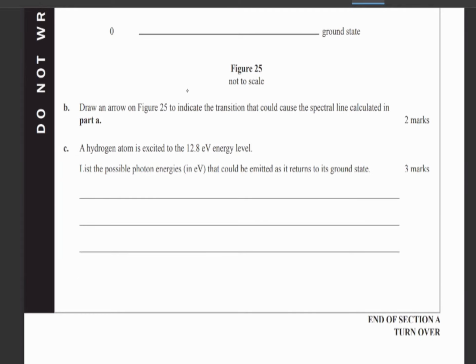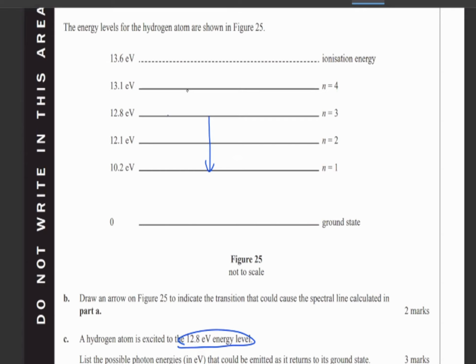There are possible energy levels that could be. So it's excited to the 12.18.